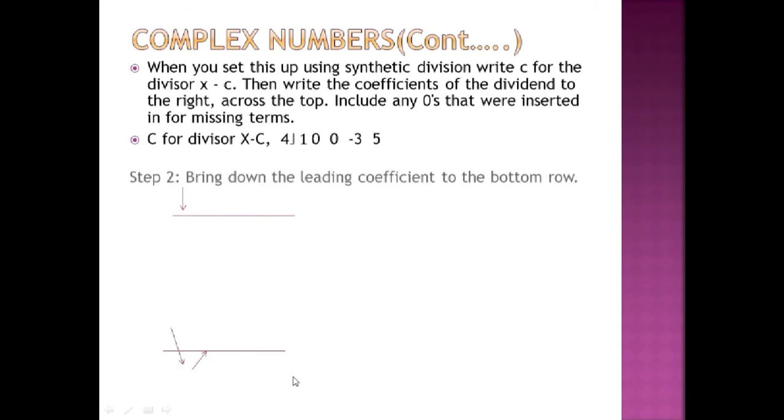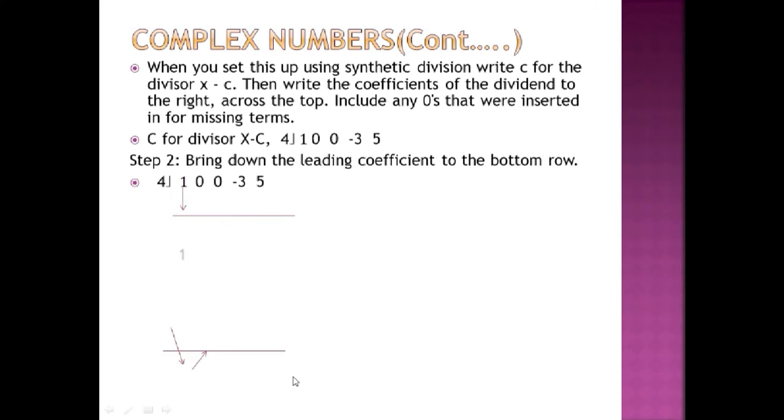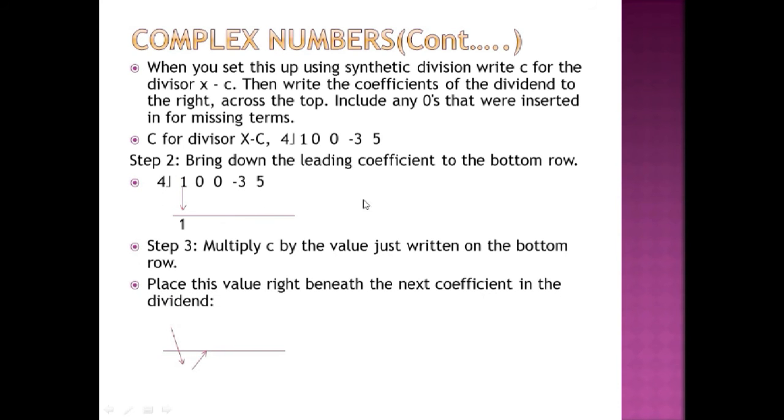When you set up using synthetic division, write c for the divisor x minus c, then write the coefficients of the dividend to the right across the top, including any zeros that were inserted for missing terms.